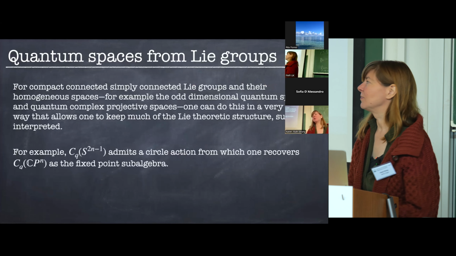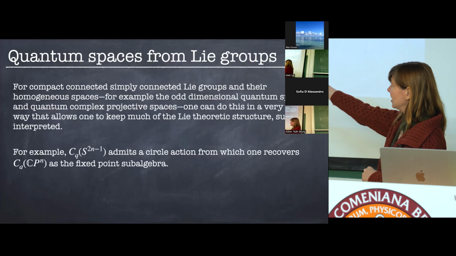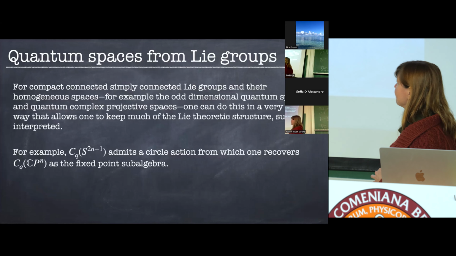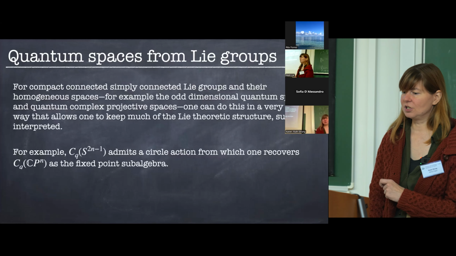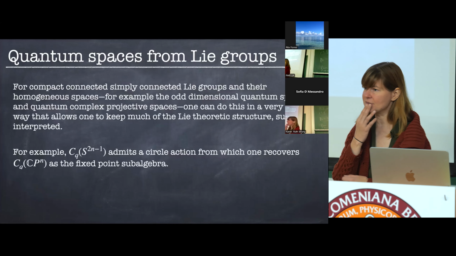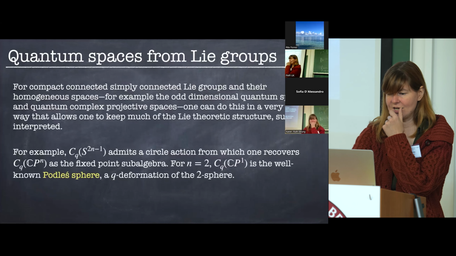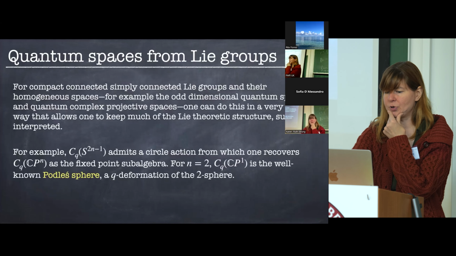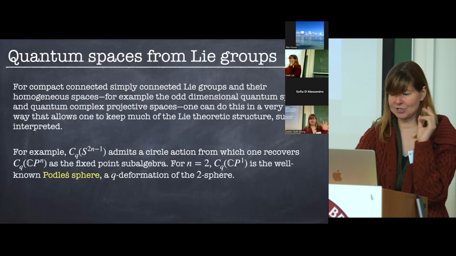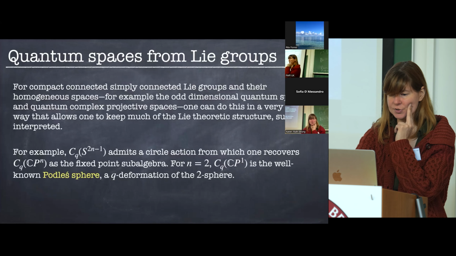So for example, just like in the classical setting, the odd-dimensional Q sphere admits an action of the circle, and one can recover quantum complex projective space as its fixed point subalgebra. For n equals 2, this is the well-known Podleś sphere, which again is one of these objects that's very well studied in quantum groups and noncommutative geometry, which is a Q deformation of the 2-sphere.